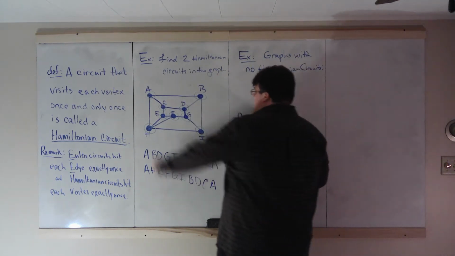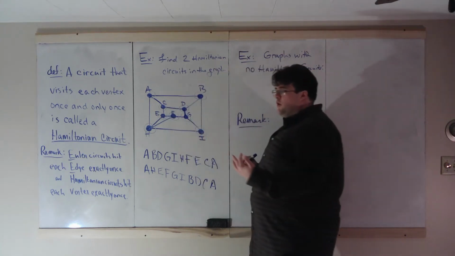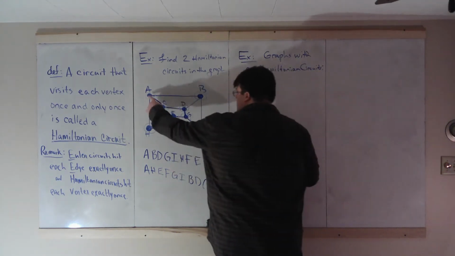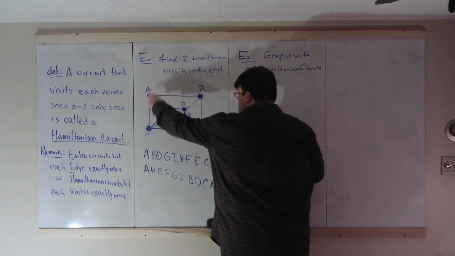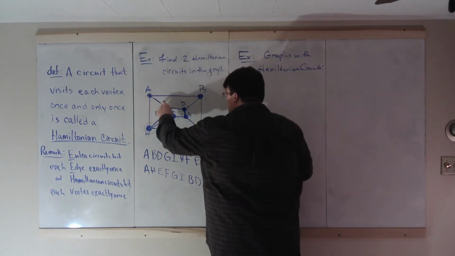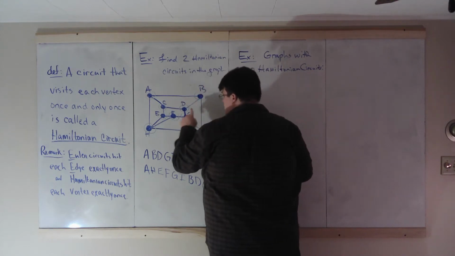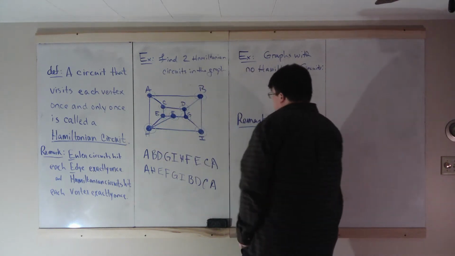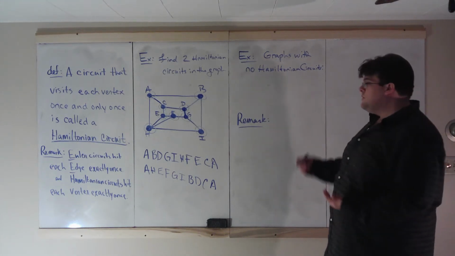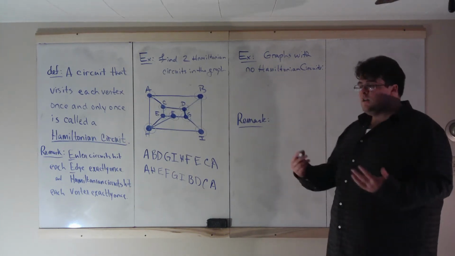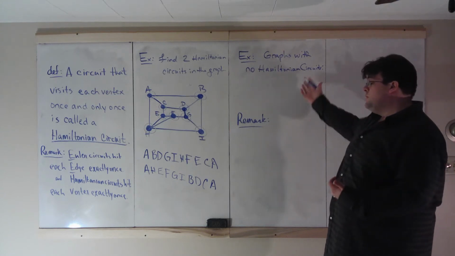Well, you could do that same thing in reverse. Meaning, instead of going A, H, E, F, G, I, B, D, C, back to A, you could do that same thing backwards: A, C, D, B, I, G, F, E, H, A. We're going to consider them the same Hamiltonian circuit, especially for some of the things we're going to be doing after this next example.